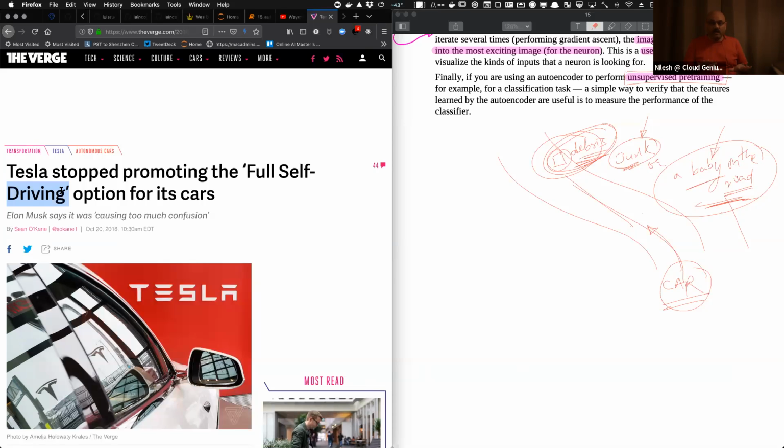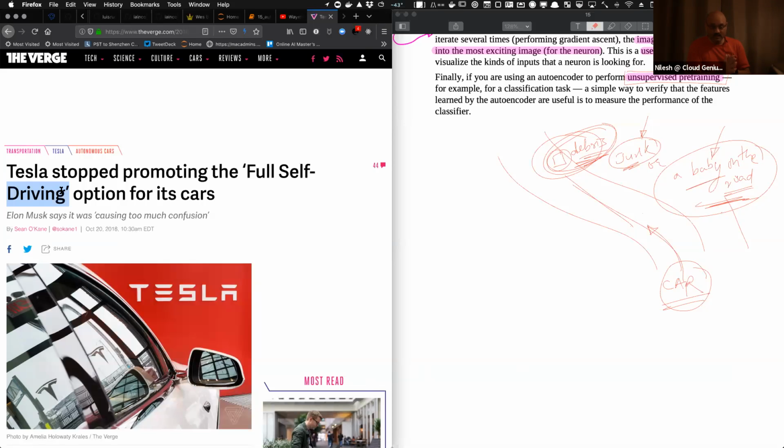At least for right now, it has not happened. And that's why apparently about a month ago, there's news that they have stopped promoting the full self-driving option. It is actually not full self-driving. And I drive a Tesla myself, so I know this is not completely full self-driving yet. I want it to be, but it is not there yet.